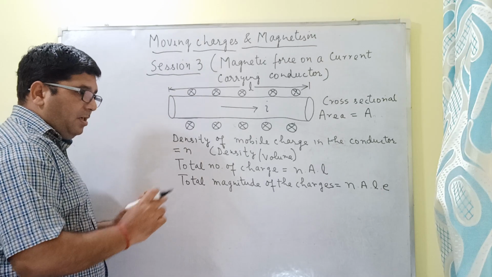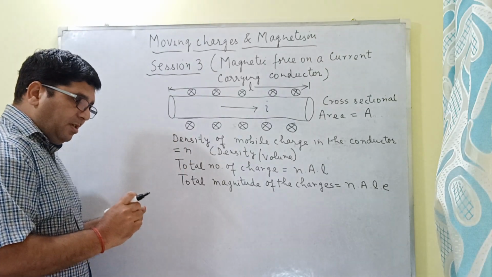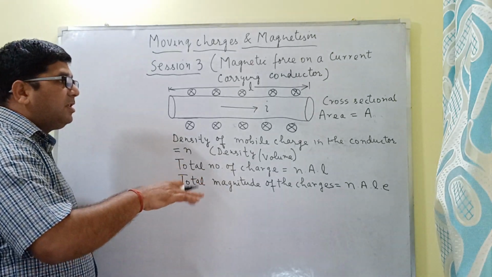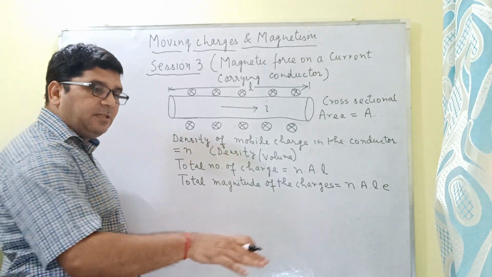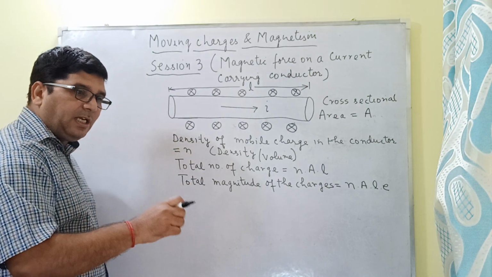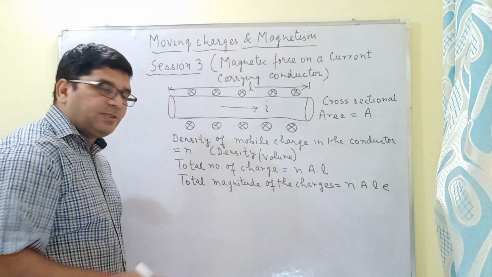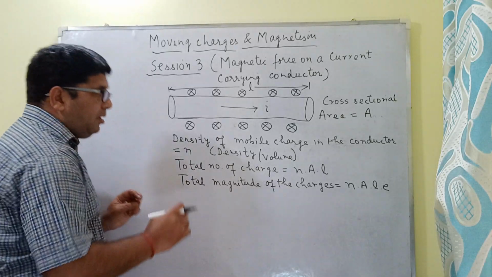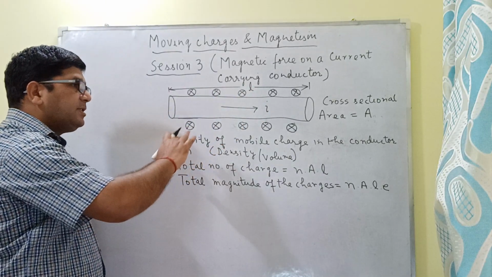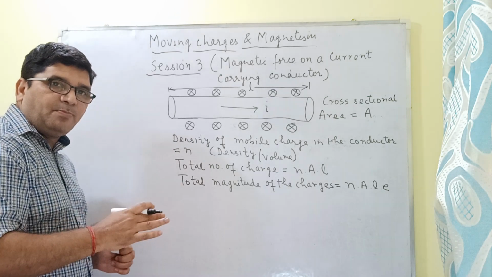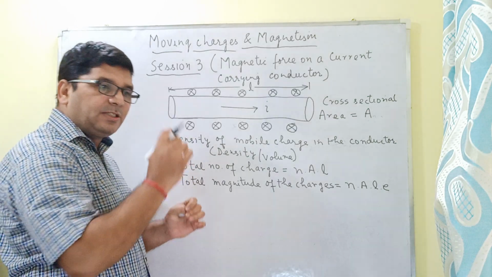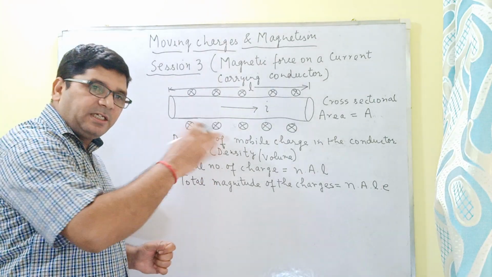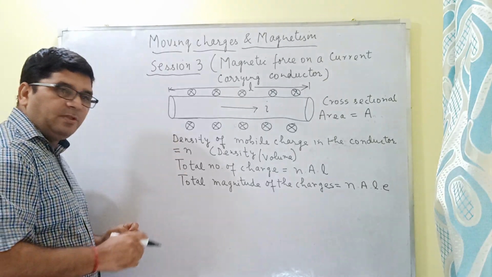So in that case what happens, the electrons when they collide with the positive charges their velocity becomes zero, and then they again attain some velocity, and they again collide with some positive charge. These electrons keep on colliding with the positive charge. Their velocity becomes zero, then they attain a certain velocity, and then they again collide, and then the velocity again becomes zero. So this phenomenon keeps on happening.